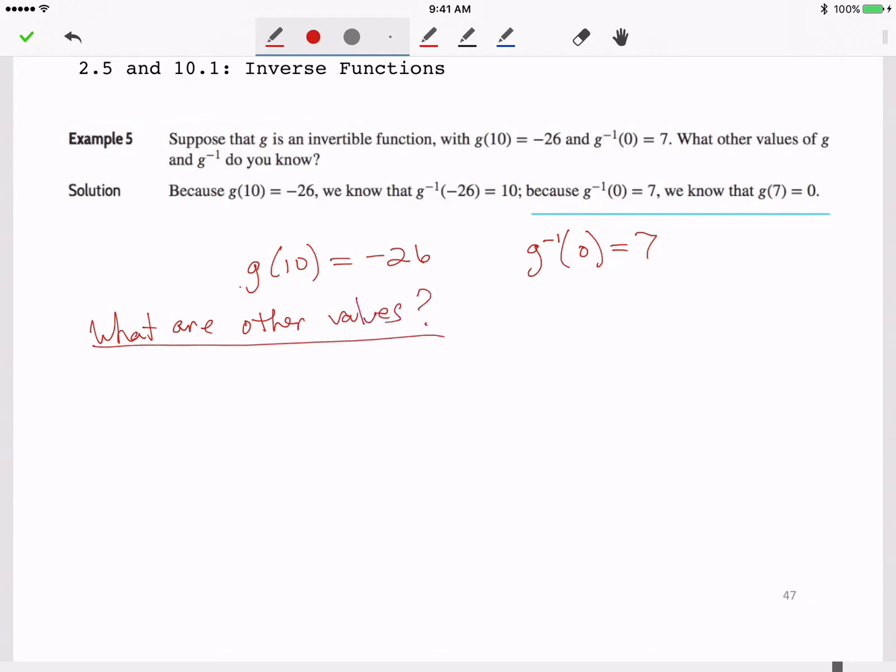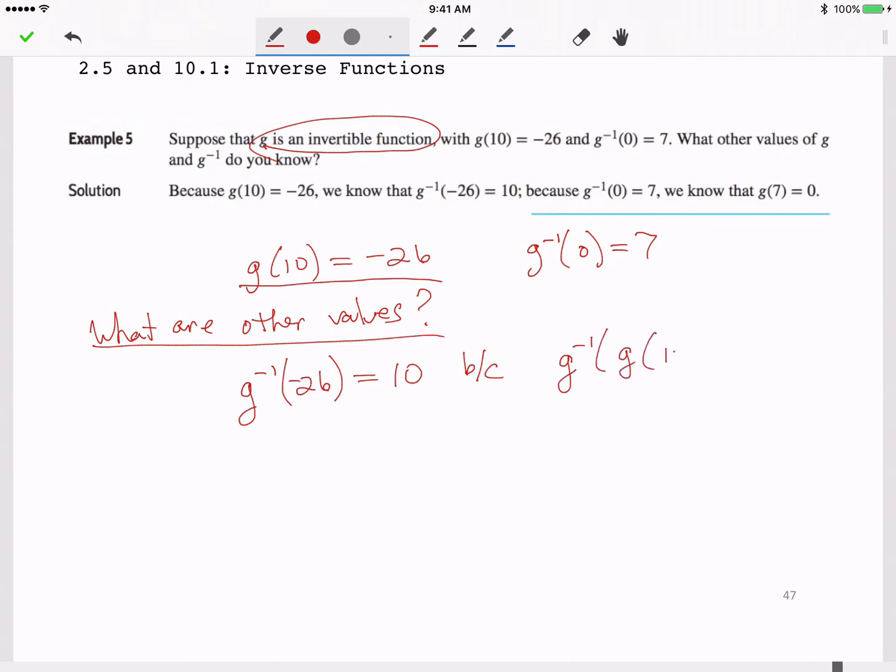For example, if g of 10 is equal to negative 26, you know that g inverse of negative 26 has to be 10, because g has an inverse. So g inverse of g of 10 has to be equal to 10, and the only way that works is because g of 10 is equal to negative 26. So to get 10 back again, g inverse of negative 26 has to be equal to 10.